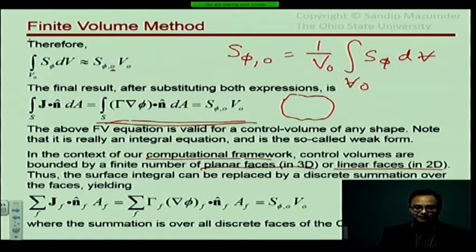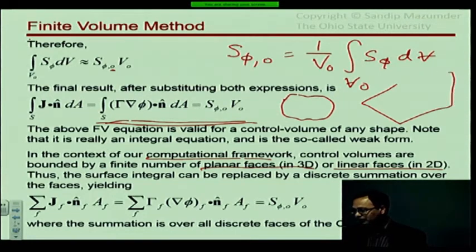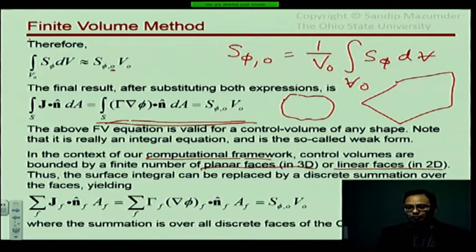No mesh generator will generate that kind of a control volume. It will always generate a control volume which may look like that. Polygons in 2D or polyhedrons in 3D. So what we're saying is they're bound by a discrete number of planar or linear faces. Planar in 3D, linear in 2D.